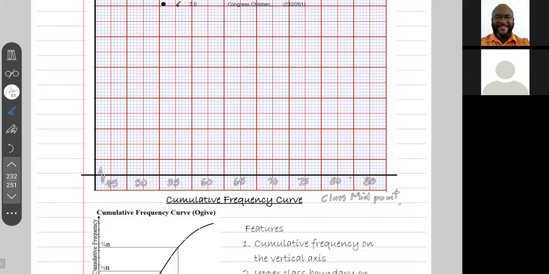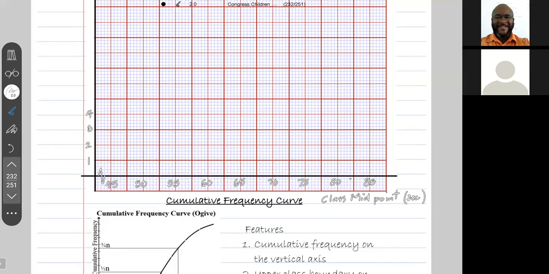And it's actually time in seconds. Over here, the scale is 1 centimeter to 1 unit. So 1, 2, 3, 4.